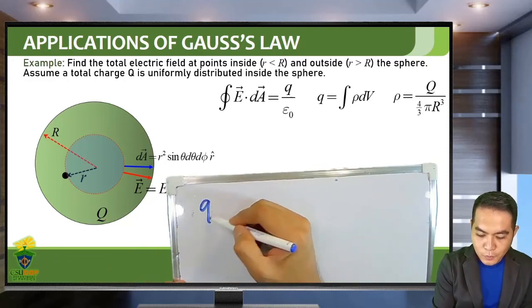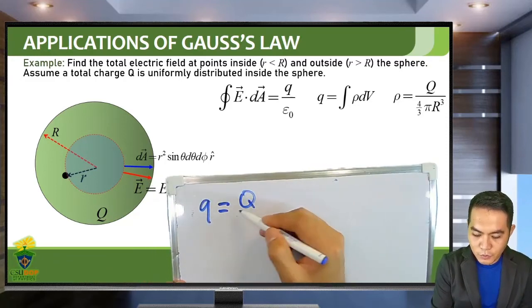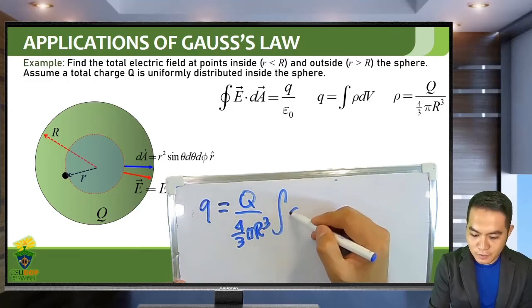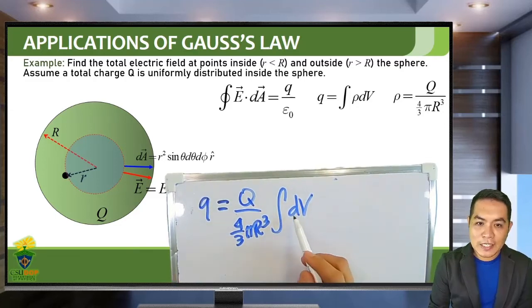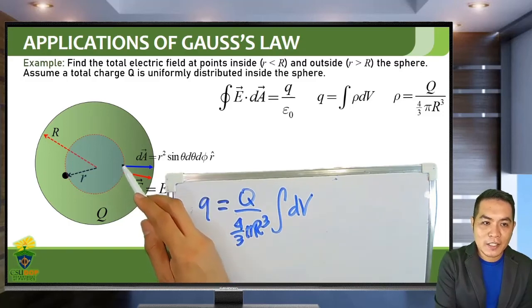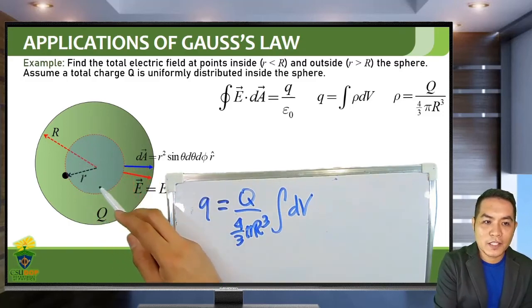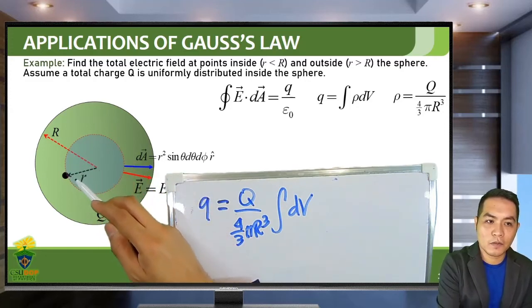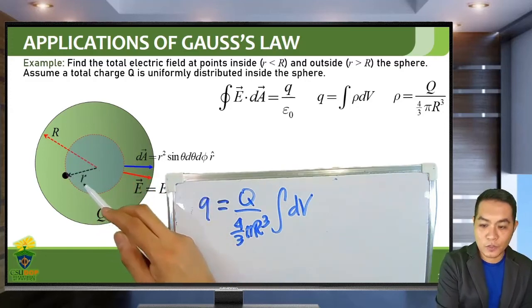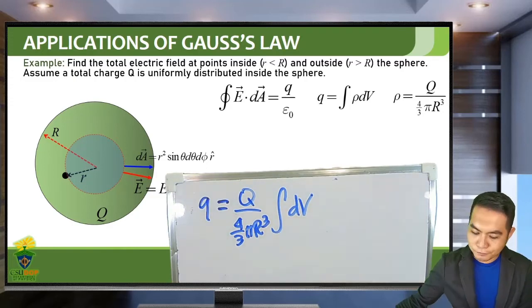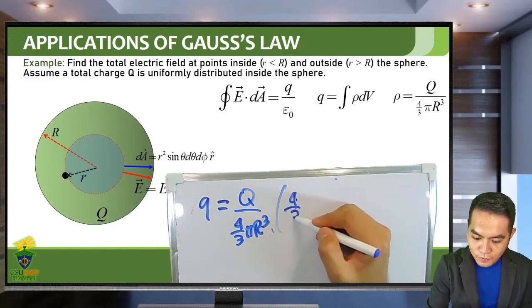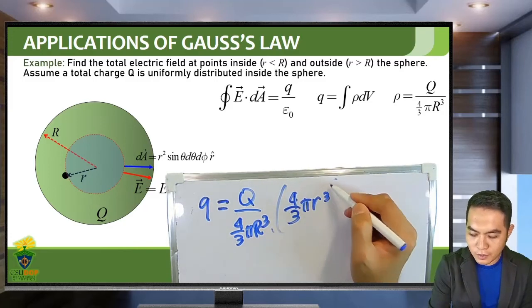So your Q will now be rho, which is just Q over 4/3 pi R cubed, integral of dV. This integral of dV is just the total volume of your Gaussian surface. In this case, the total volume of a sphere of radius small r is just 4/3 pi small r cubed.